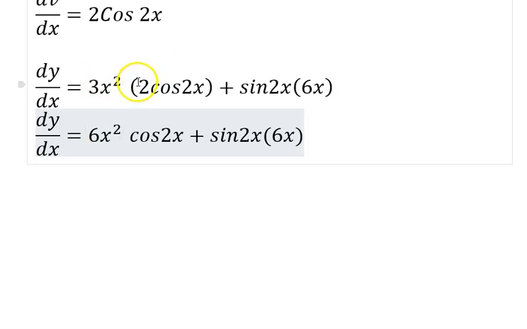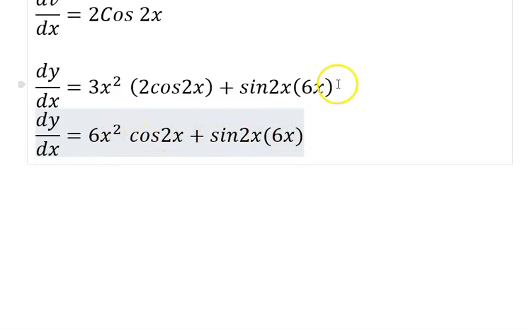Because we're actually multiplying everything here, 2 times 3 will give us 6. This x squared stays, then cos 2x. So we now have 6x squared cos 2x.